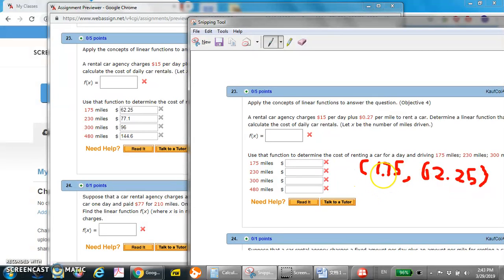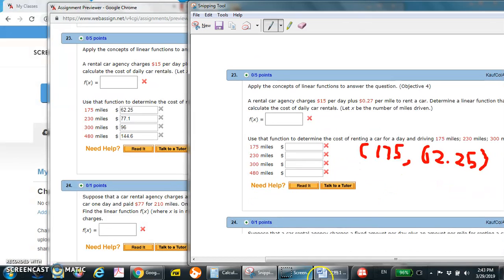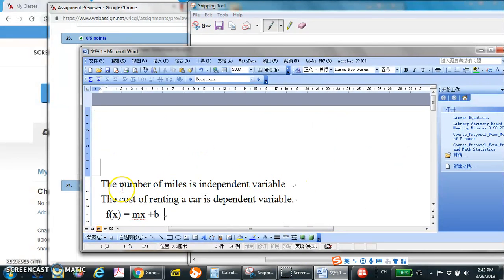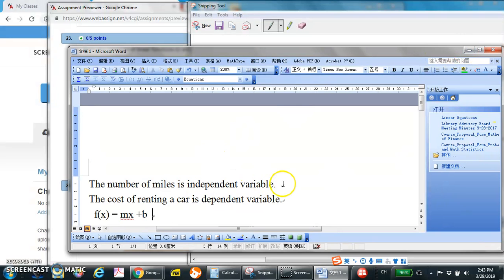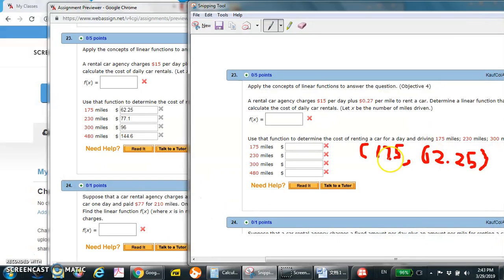Now we put 175 as x because the number of miles is our independent variable. So the independent variable is x and the dependent variable is y. That's why we put 175 as the first component and 62.25 as the second component. And similarly, we can write another ordered pair, 230 and 77.1. Okay.